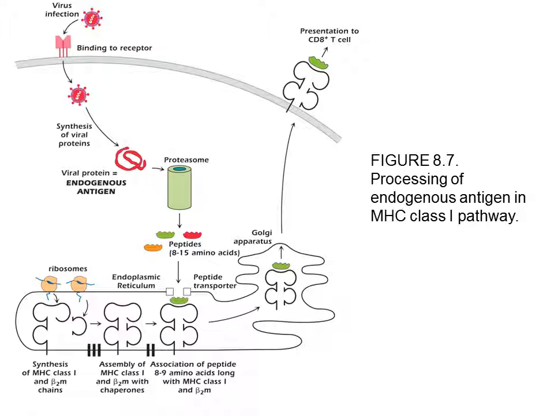important thing in this case, you see the difference between class 1 and class 2 is that we are not processing it into an acid vesicle. In the class 2, we had 2 vesicles fused with each other. One containing the antigen, the other containing the MHC. Bring them together, open, clip up, add on top of it, and present it to the T cells. In this case, what's happening is we are basically bringing the peptide into the nucleus, right?